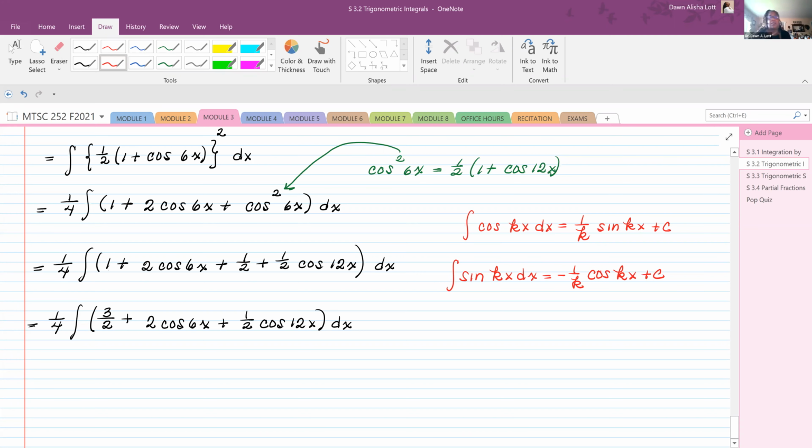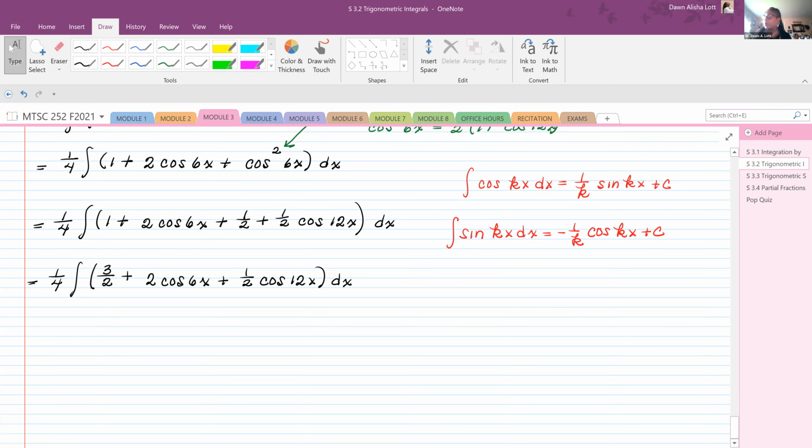So I'm getting ready to use it again right here. 1/4. 3/2 just becomes 3/2 x. I have plus 2. Then I have the cosine. This integrates to the sine of 6x/6. And I already have 1/2, and that's going to integrate to the sine of 12x/12 plus c.